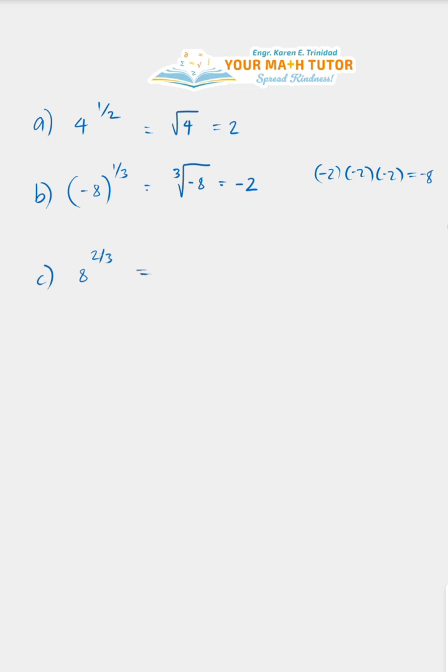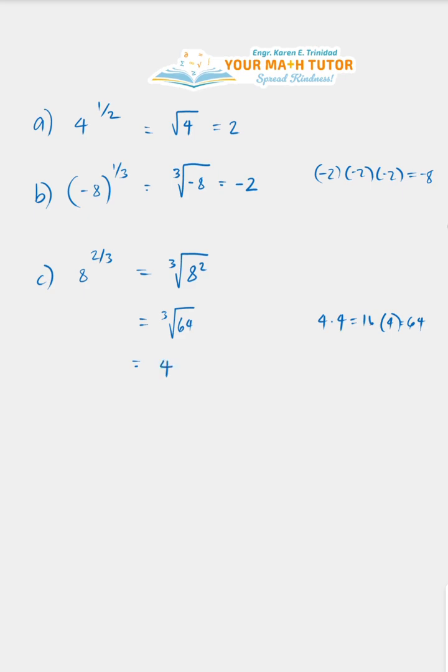8 to the 2/3 is equal to the cube root of 8 squared. That is equal to the cube root of 64. So that's 4 times 4 equals 16, times 4 equals 64. So the answer here is 4.